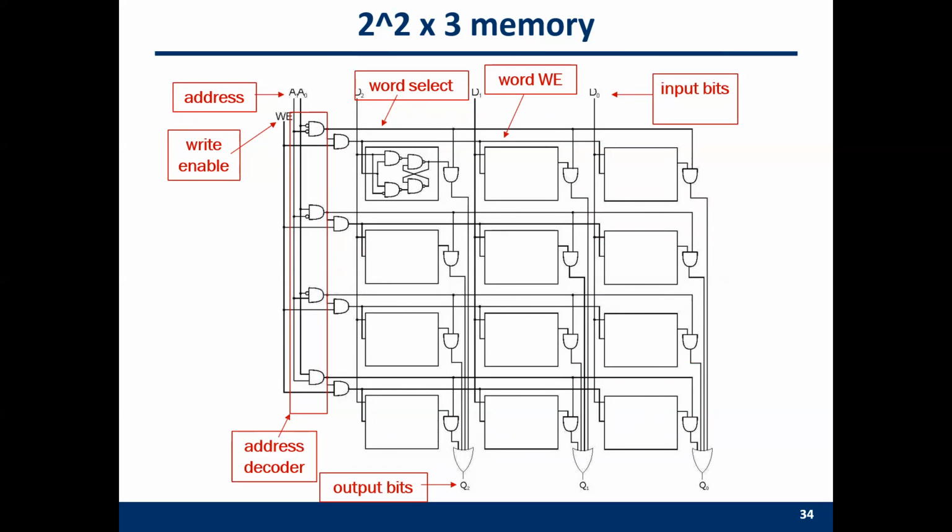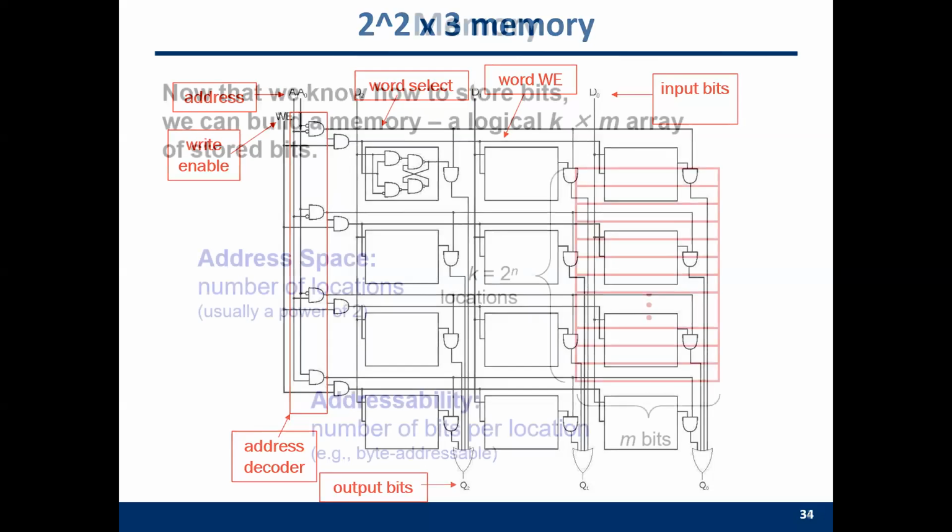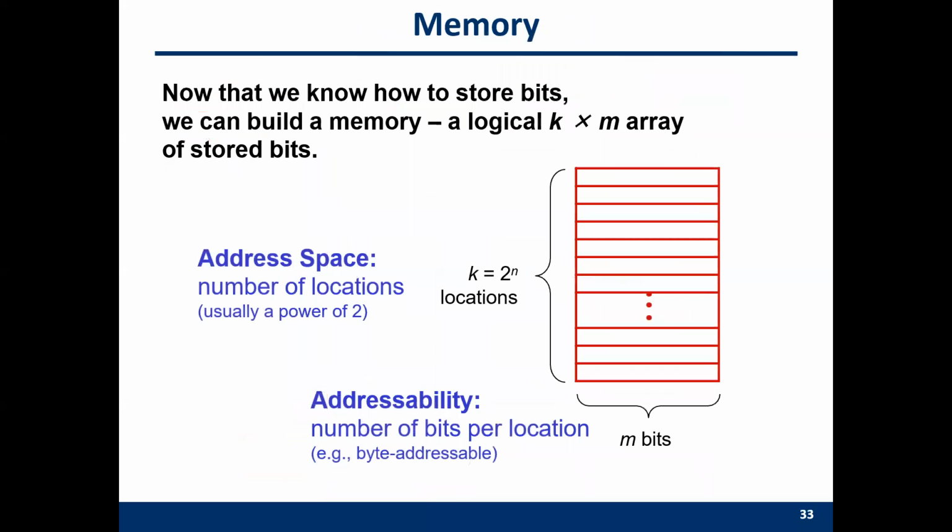Although we only have 3 cells here, actually we need m cells. And in total there are k, 2 to the n, rows. In this case, we only have 4 rows. So in this way, we can use this physical memory to implement this storage.